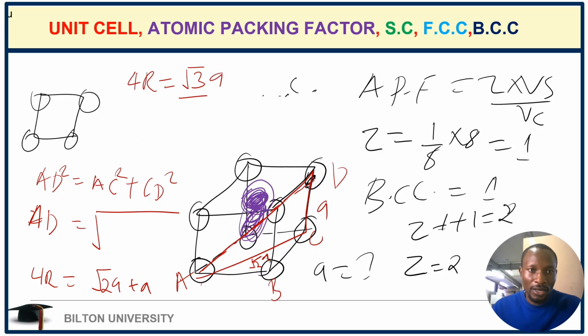To get A, we can divide both sides by root 3, so that our A is equal to 4R over root 3.